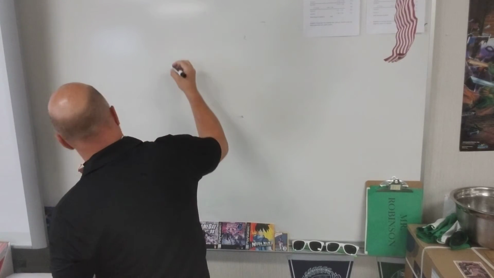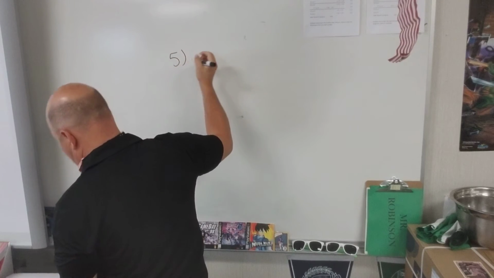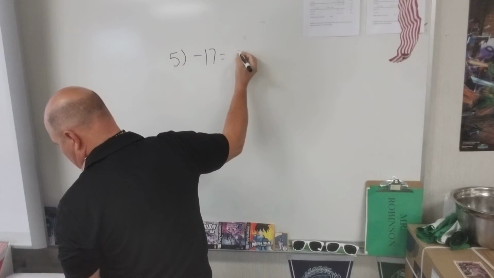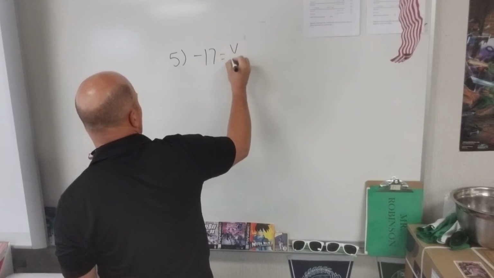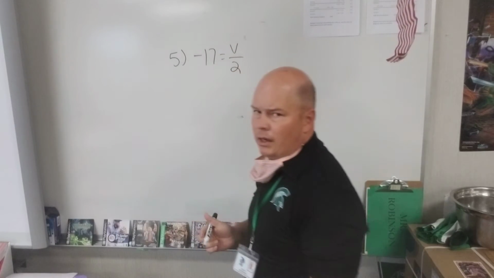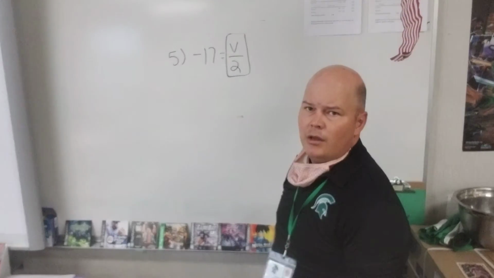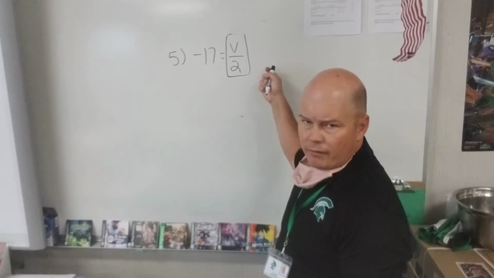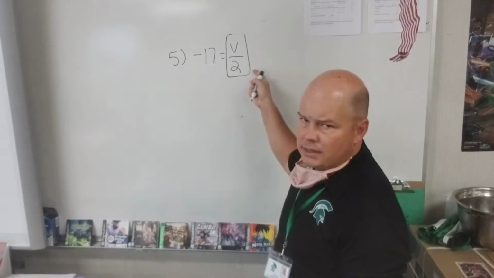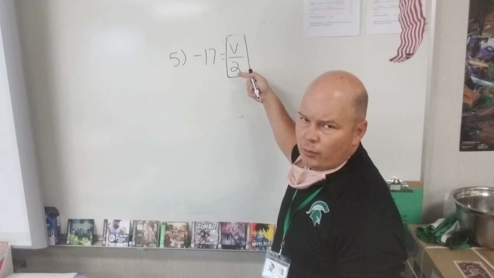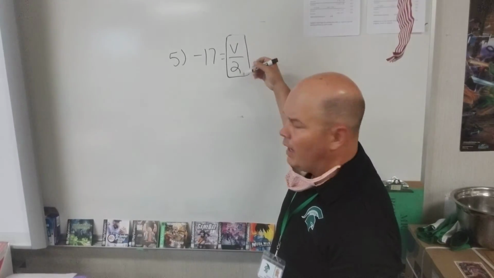When we look at number 5 on that homework, it says negative 17 equals v over 2. Again, this is the side that I'm going to be working with because that's where my variable is. In this case, it says v divided by 2, so to get rid of the 2, I take its inverse.